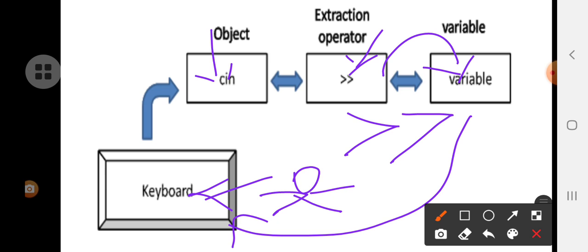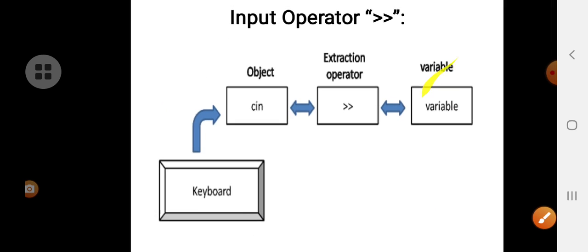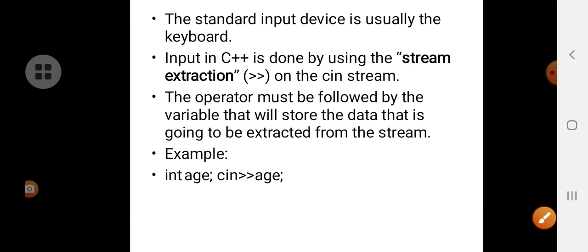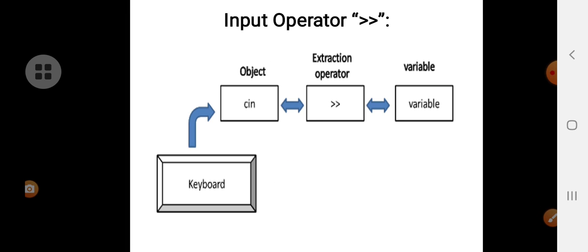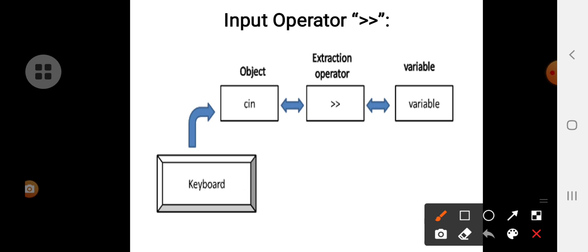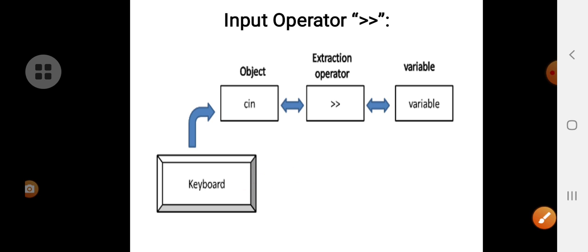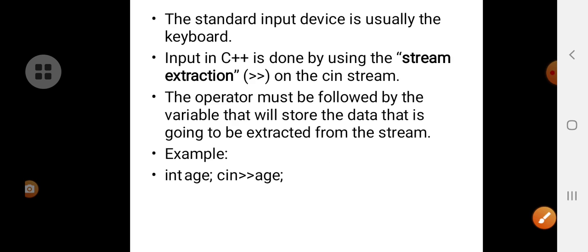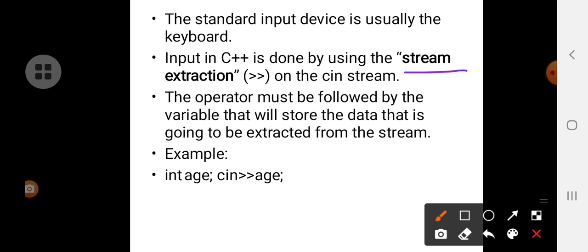This diagram you have to note down, and this is very important for 2 marks. Next we will give the explanation. From the standard keyboard the input will be extracted by the operation called stream extraction operation.